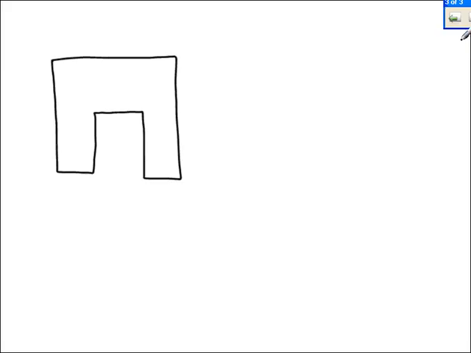So suppose you have a figure that looks like this. This is 3, and this is 2, and this is 4.